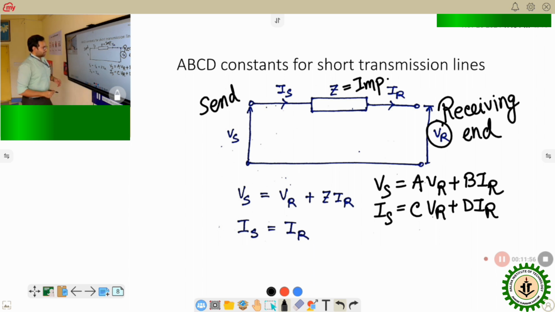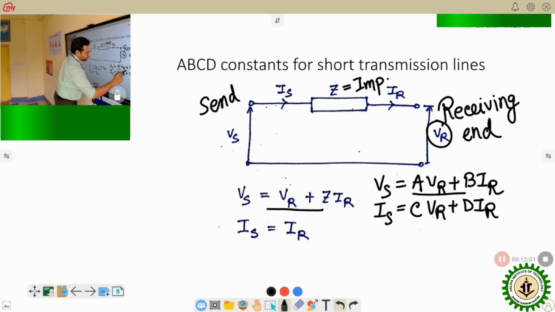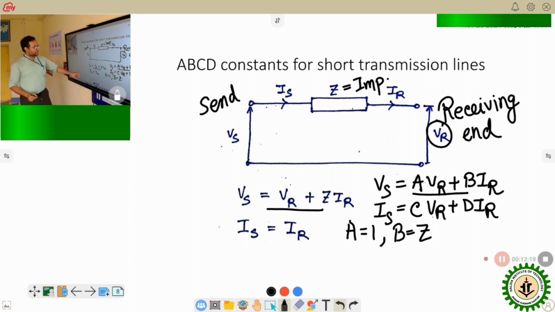we can say that comparing this equation with this equation of Vs, A is equal to 1 and B is equal to Z. Similarly, by comparing the equations of Is in both these representations, we can say that C is equal to 0 as VR is not present in this equation.